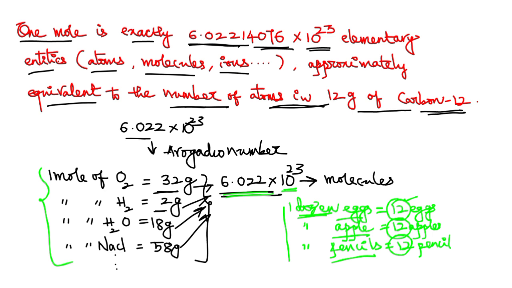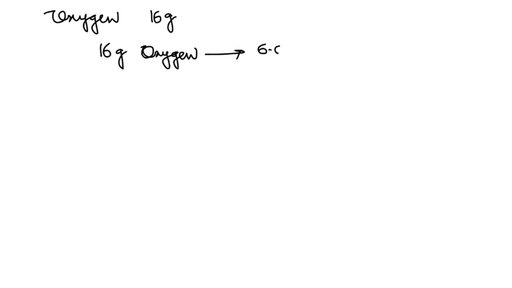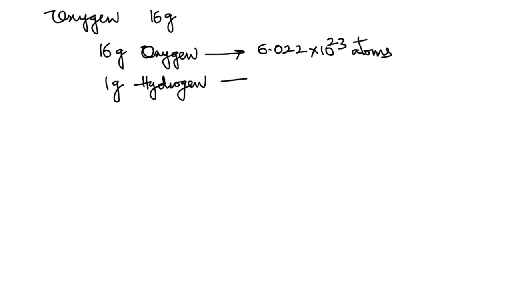If you consider gram atomic mass, then these will be atoms. For example, consider the gram atomic mass of oxygen, which is 16 grams. This 16 grams of oxygen contains 6.022 into 10 power 23 atoms. Similarly, 1 gram of hydrogen contains the same number.